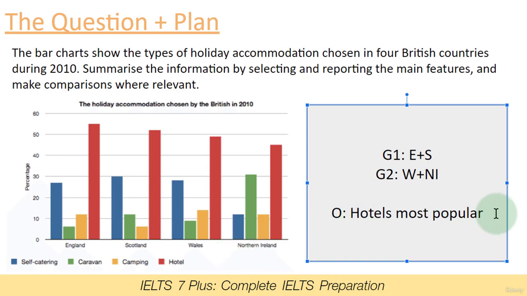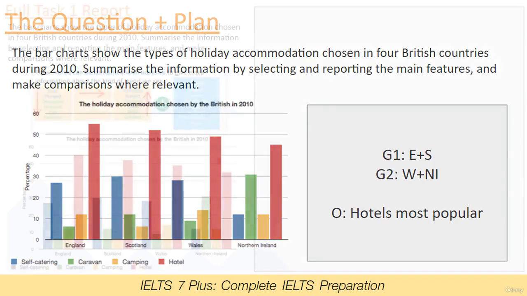So this is really all I want to say: hotels are the most popular. There's nothing else that really strikes me here. I can't see that one country likes going on holidays more, for example. I think that would be it. Okay, so my plan is complete and it's time for us to begin our writing.